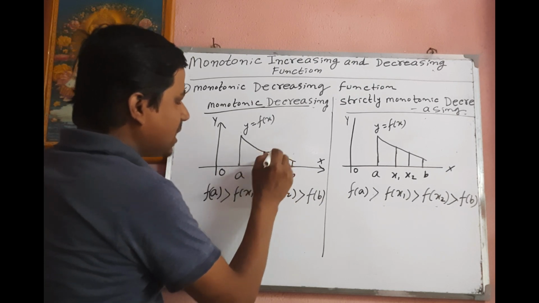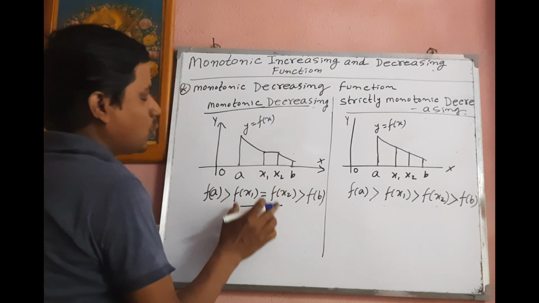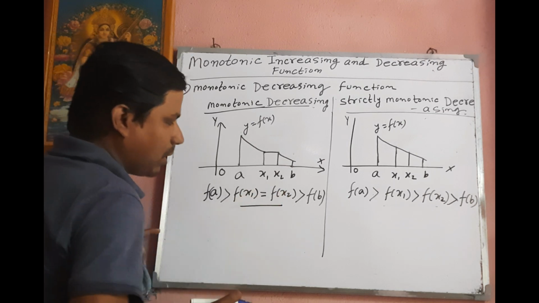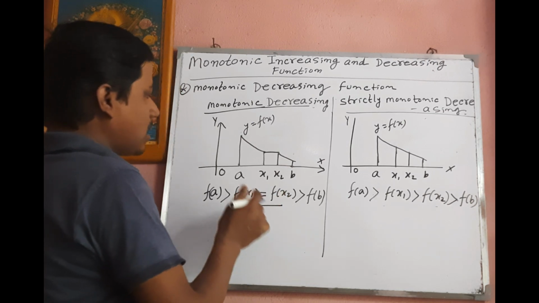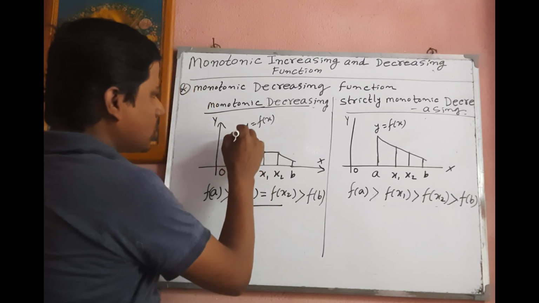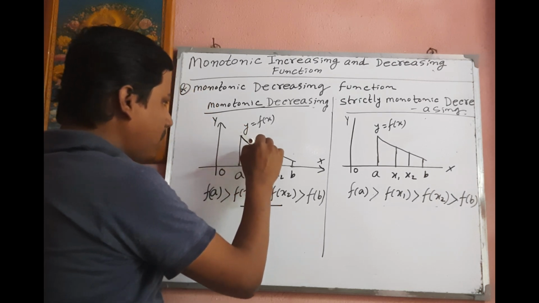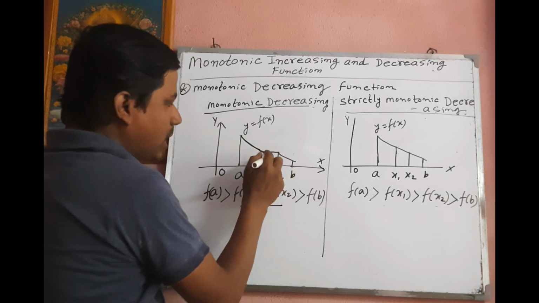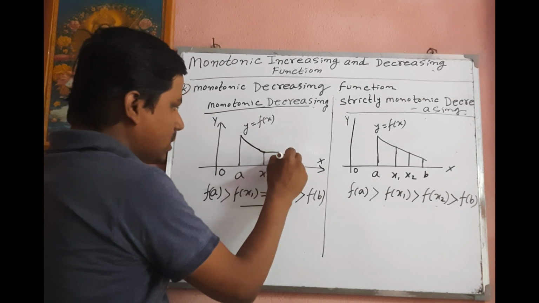Here the value of f of x1 and the value of f of x2 are equal, but the function is decreasing gradually. So this is the diagram of monotonic decreasing, and here x1 and x2 are equal and this is the decreasing.